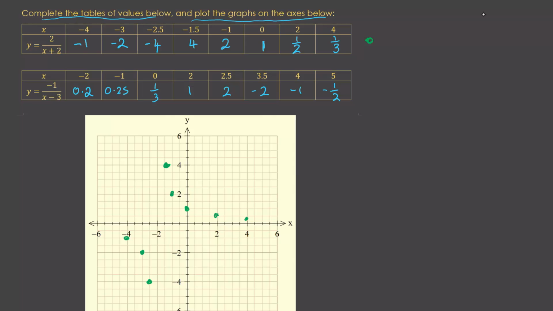Now that looks to me very much like the graph is going to go down here. And we know the shapes of these graphs, and it's going to come down here.